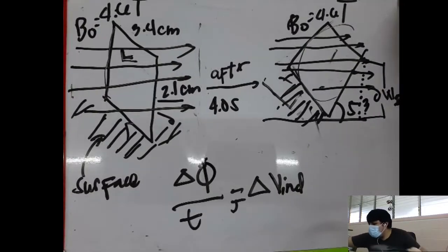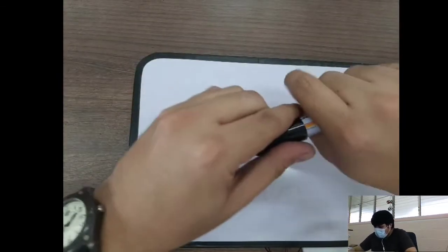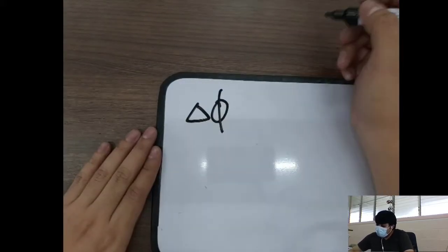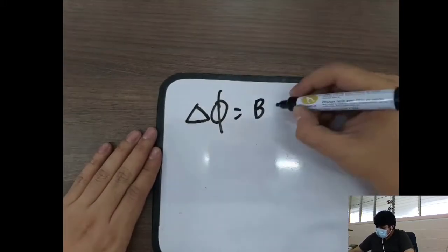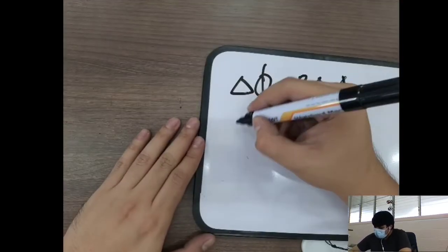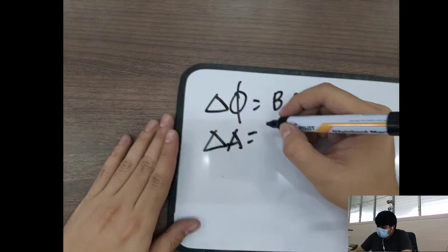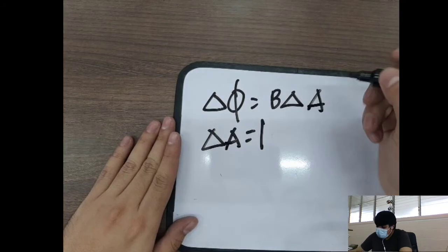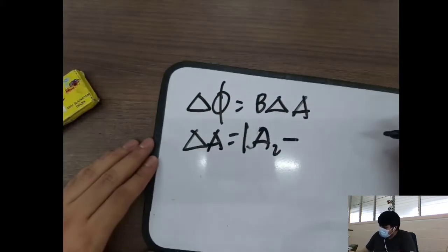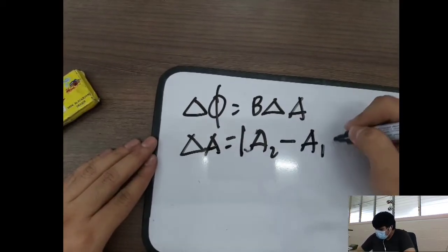So now the induced voltage, or rather the change in magnetic flux, is equal to B delta A, okay? So delta A will be the absolute value of the difference between the area of the final effective area and the initial effective area.